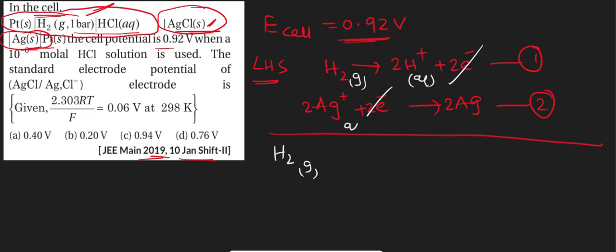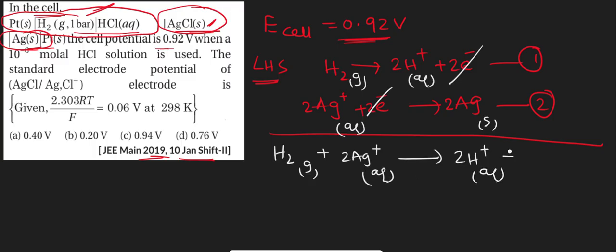Now I am writing the overall cell reaction: H2 gas plus 2Ag plus gives rise to 2H plus and 2 moles of silver solid.